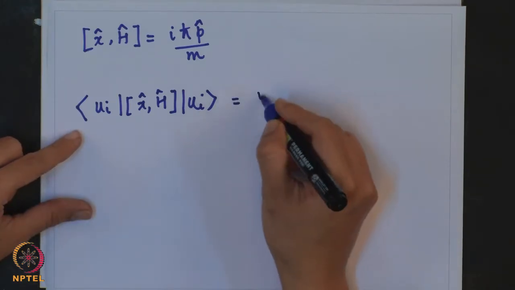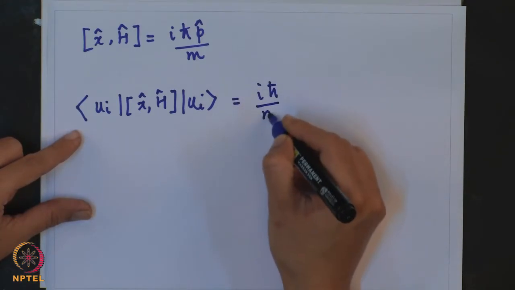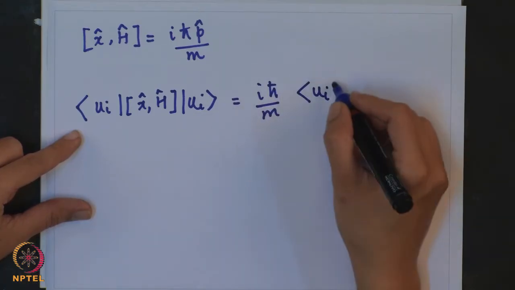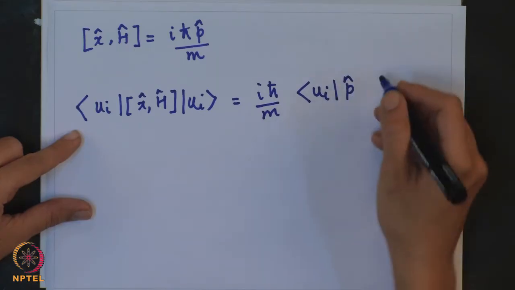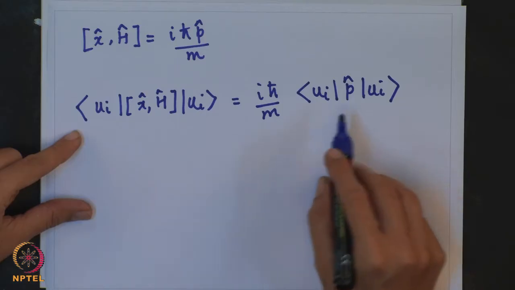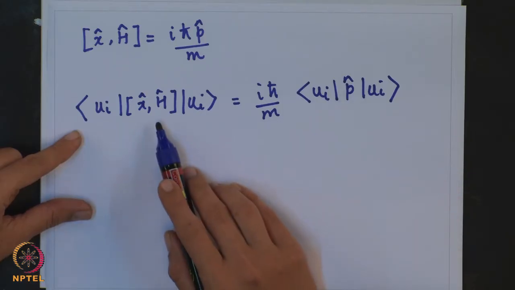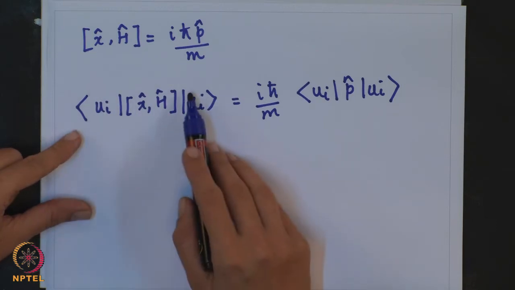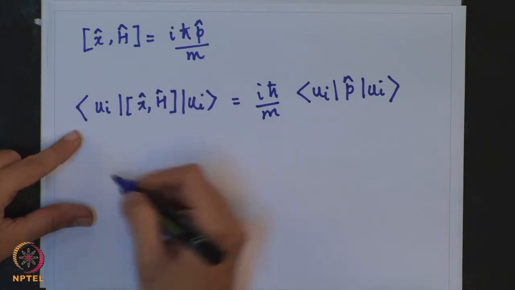This will be iħ/m, being a constant I can keep this out, u_i p̂ u_i. This is what I obtain by substituting for the commutator of x and H, and this left hand side we know. So, let me swap this.